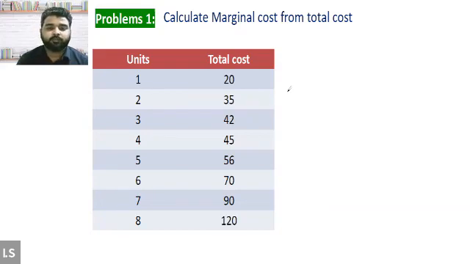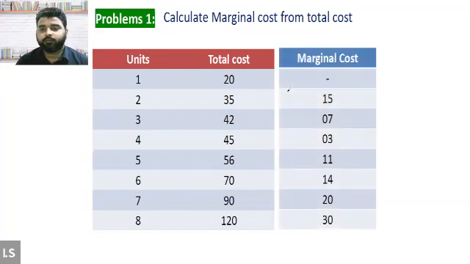Since the total cost at 0 unit is not given, we won't be calculating marginal cost at the first unit. So at the first unit, marginal cost will be dash, preferably you should write dash. Then from 20 it goes to 35, so marginal cost will be 15. Then 7, 3, 11, 14, 20, and 30. Is that right? Yes. Okay.